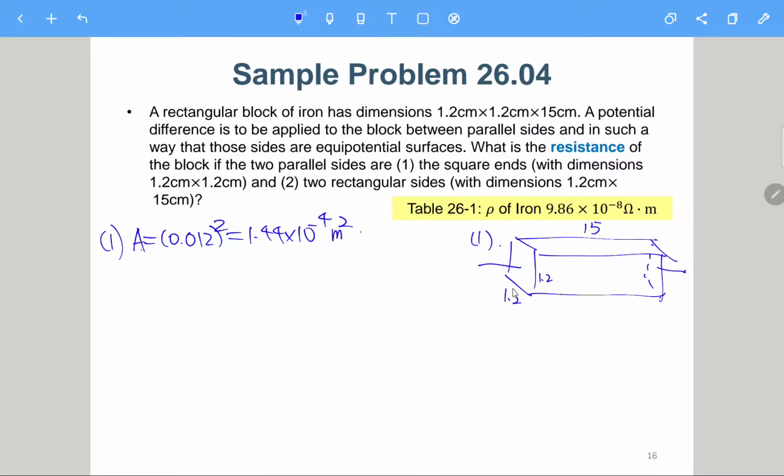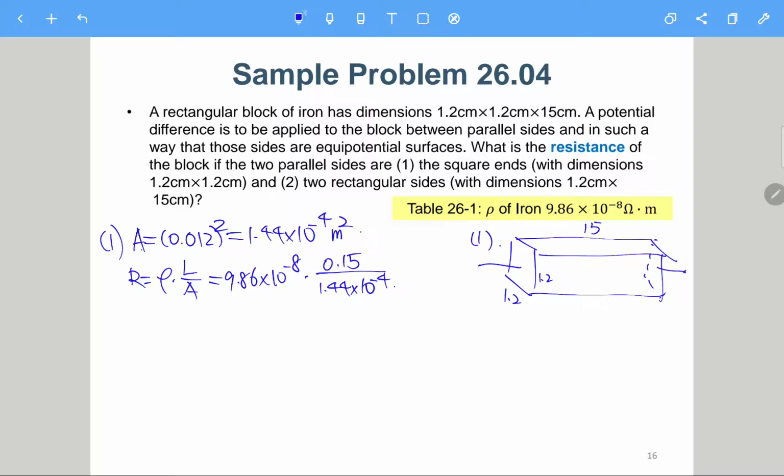So 1.2 times 1.2. The length is 15 centimeter. So R should be rho times L over A. Rho is 9.86 times 10 to the minus 8th power, times L, which is 0.15 (15 centimeter), over 1.44 times 10 to the minus 4th power.